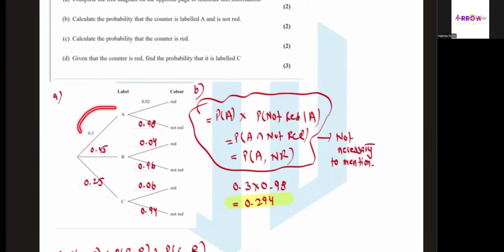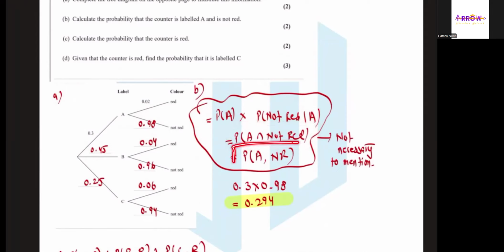So here what we are doing is that along the tree diagram we are going, so multiplication is happening. Okay, so we can say that the probability of A multiplied by the conditional probability that a counter is not red given that A has happened. Or you can just simply say that we are finding the probability of A intersection not red.